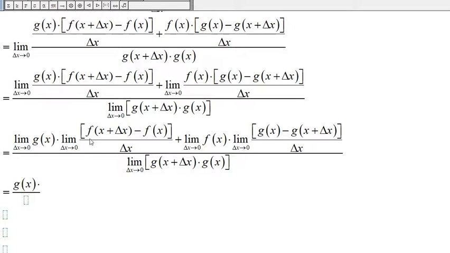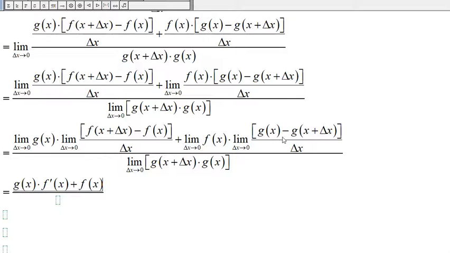And by definition of derivative, this is the derivative of f of x, or f prime of x. And then this is the limit of f of x, and there's no delta x here, and so it's just going to equal f of x.